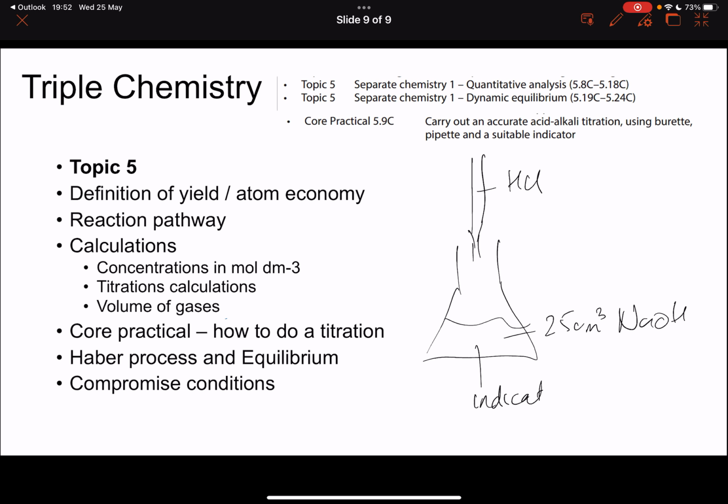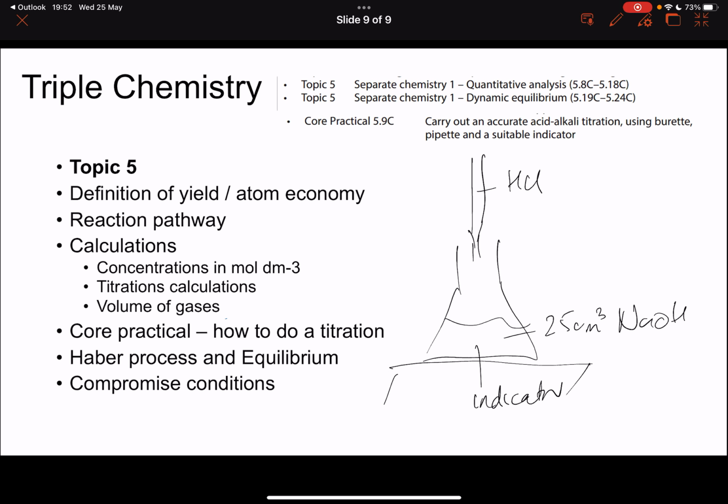There are two indicators: phenolphthalein, which is pink in the base, goes colorless, and methyl orange, which is red in the acid and yellow in the base. You've got to know the colors of those two. We're going to add hydrochloric acid slowly. We're going to swirl the conical flask, place that on a white tile, and you're going to observe a color change, which in this case should go from pink to colorless.